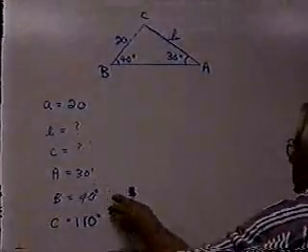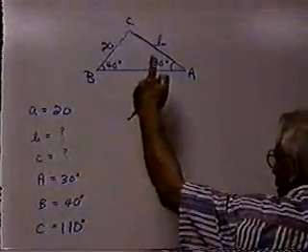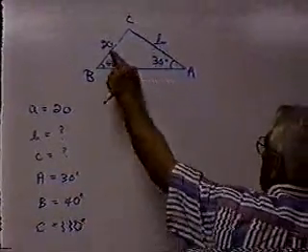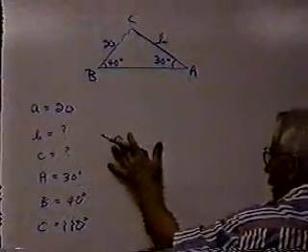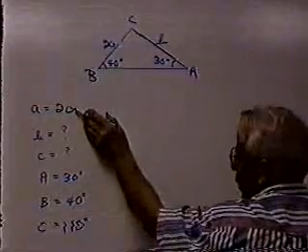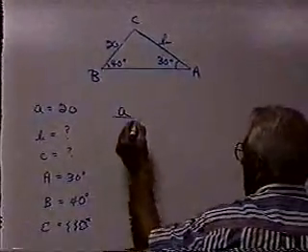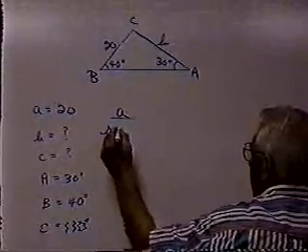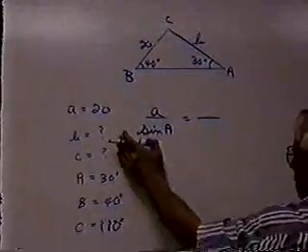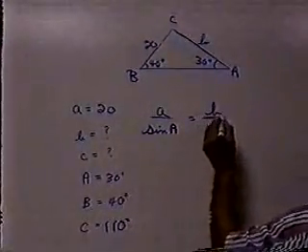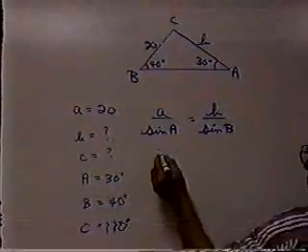So we want to find this side up here. Well, looking at the figure, this says that angle B is 40 and angle A is 30, and so that's 20, and we don't need this figure to work the law of sines. All we have to do is come down and say, hey, we got side a and we got angle A. So we can say a is to the sine of A as, what do we want to find? b. b is to the sine of B. Now let's plug in numbers here.